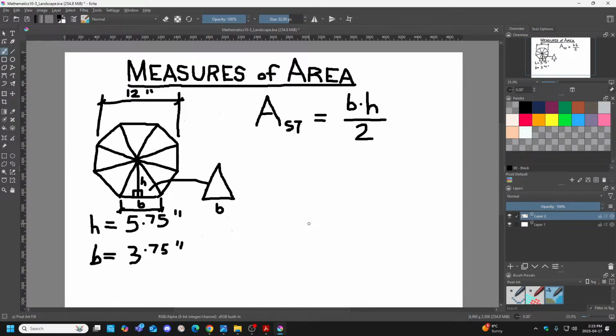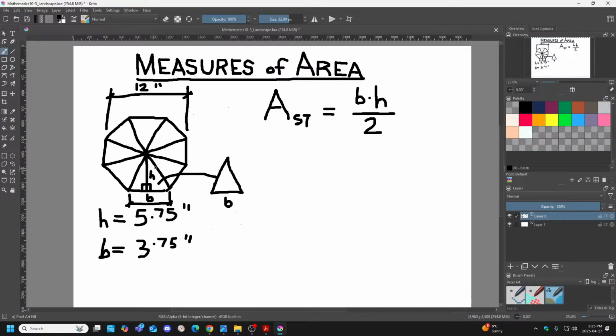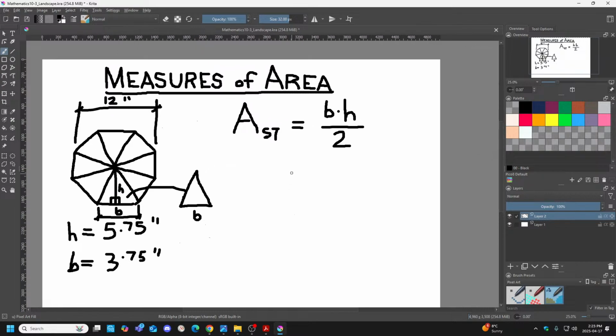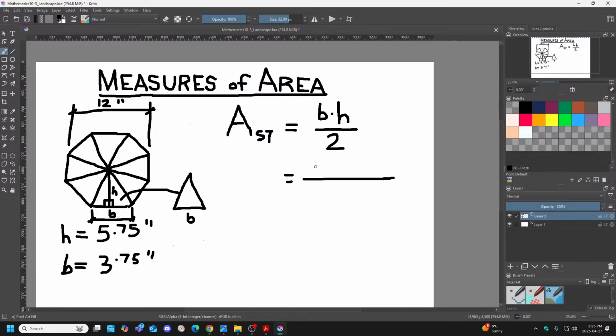So the question is, find the area of the shaded triangle. Essentially, that's what this one is, the shaded triangle. Okay, let's work the problem. All right, our base, 3.75 inches.